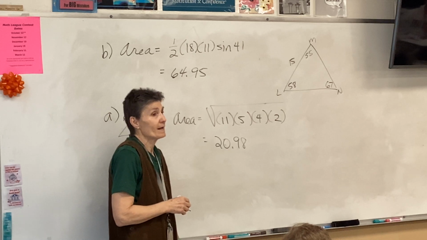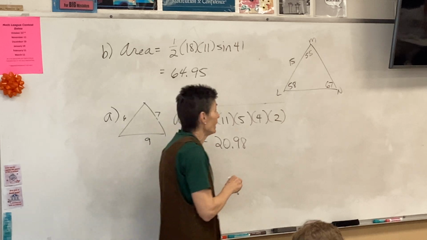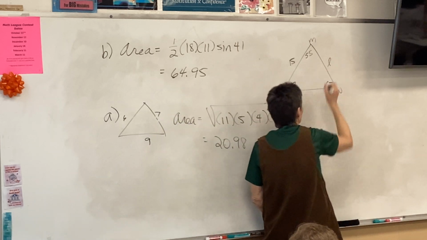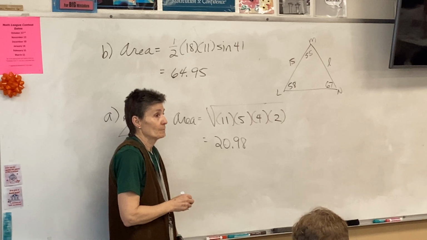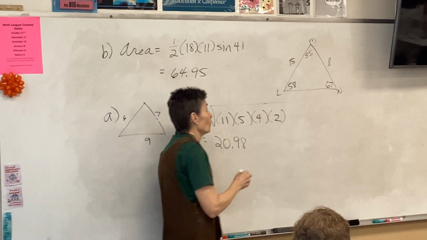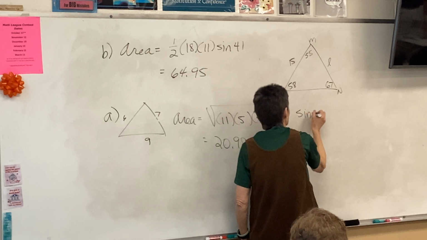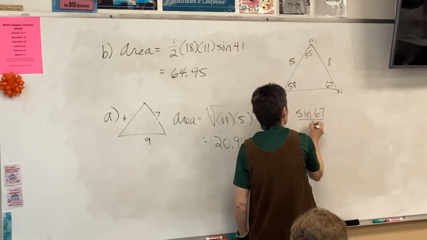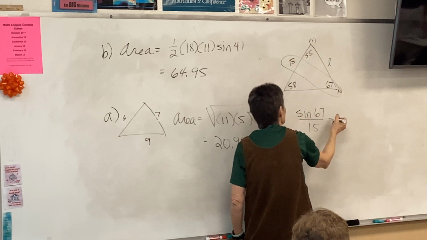What side do you want to find? It doesn't matter. Which one? L. So this would be side L. So, how am I gonna find side L? Sine 67 over 15, did you notice this right here?